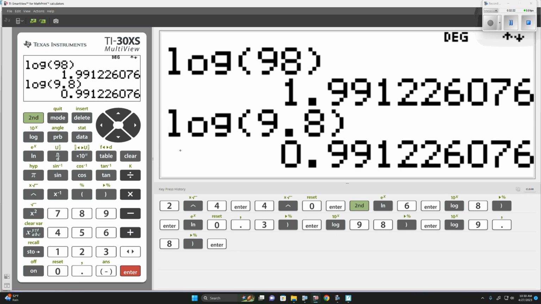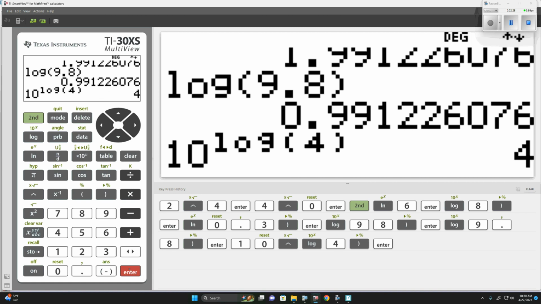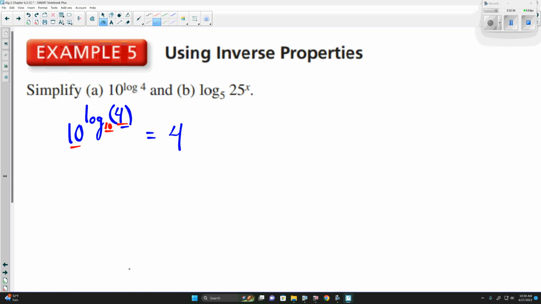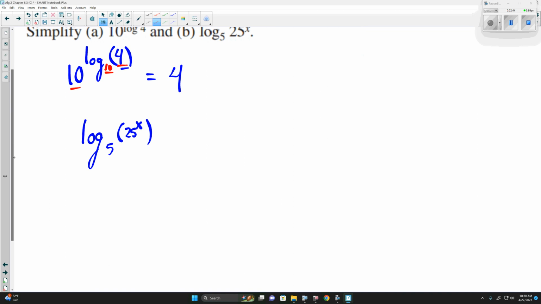Now I can do this in a calculator, 10 to the log of 4, and get 4. So any questions on part A before we look at part B?